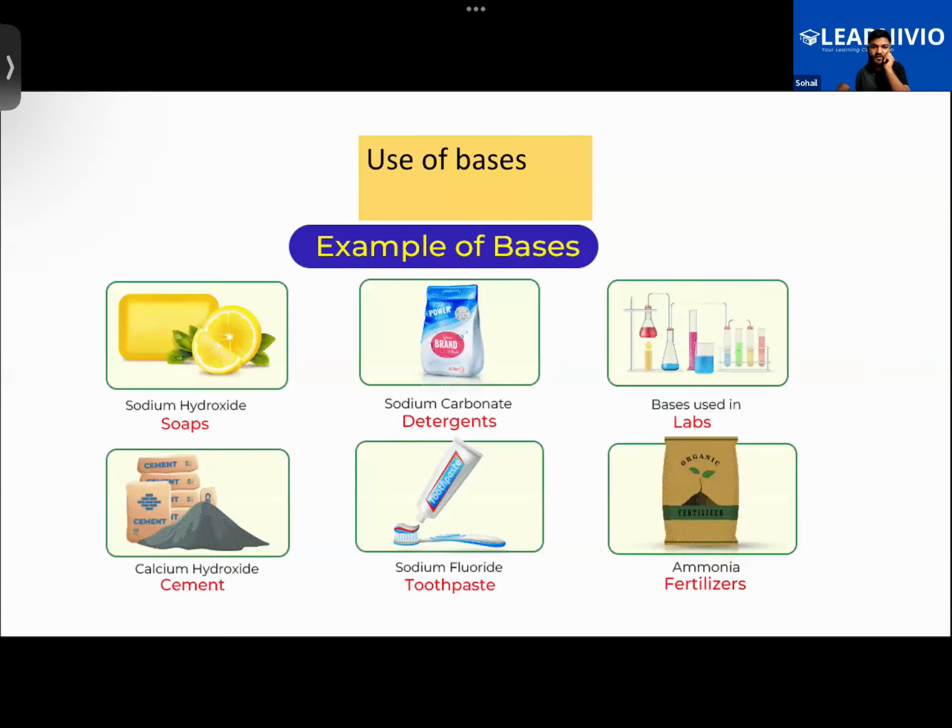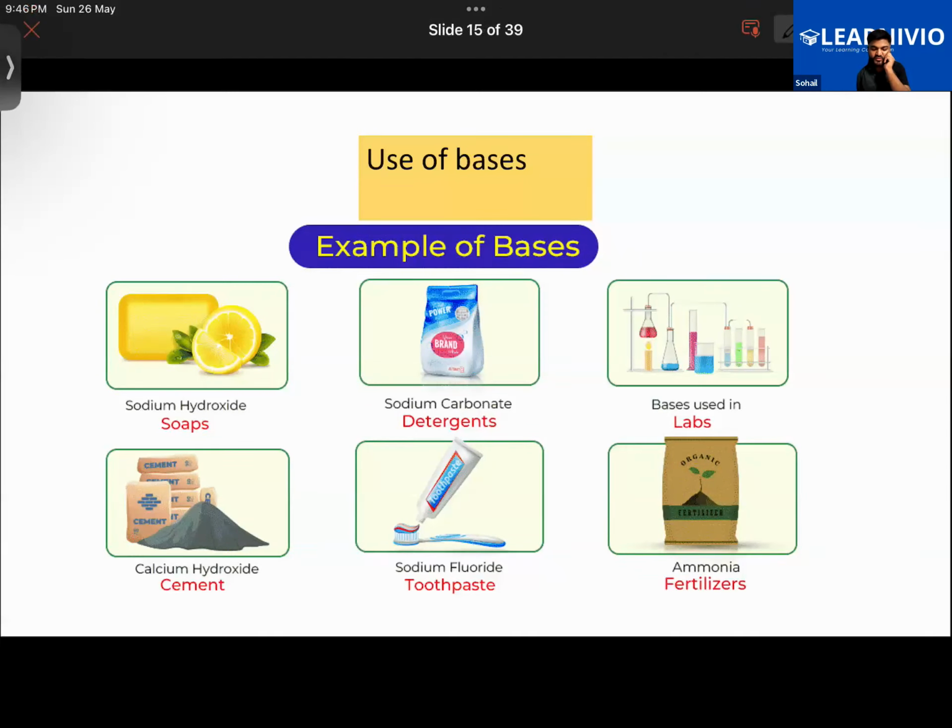Now this topic was left to be discussed: what are the different uses of bases in our daily life? Bases are used in a variety of objects, but it's not that these objects were made basic on purpose.